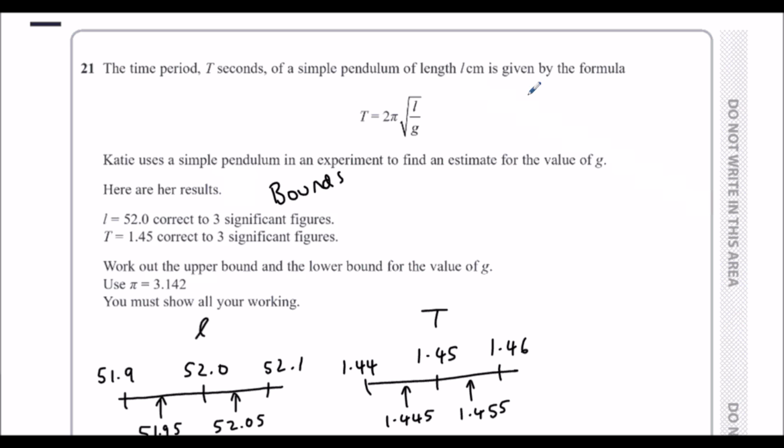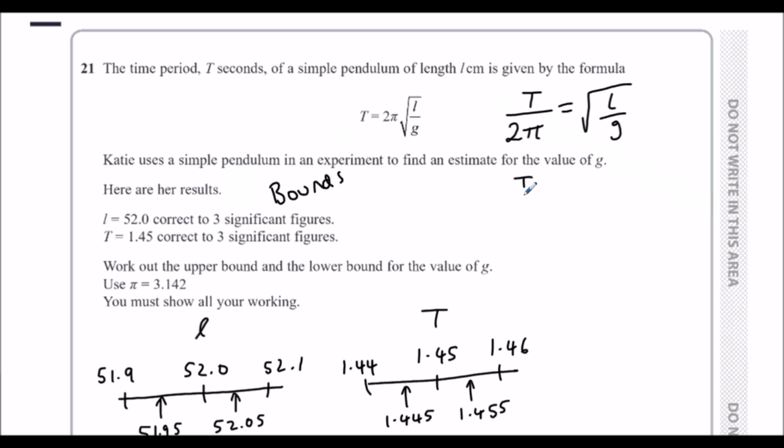So we've got t equals 2 pi times the square root of L over G. I think the best way to start would be divide both sides by 2 pi. So t divided by 2 pi equals the square root of L over G. And then we want to get rid of the square root. So to get rid of a square root, we're going to square both sides. So let's square the top and square the bottom.